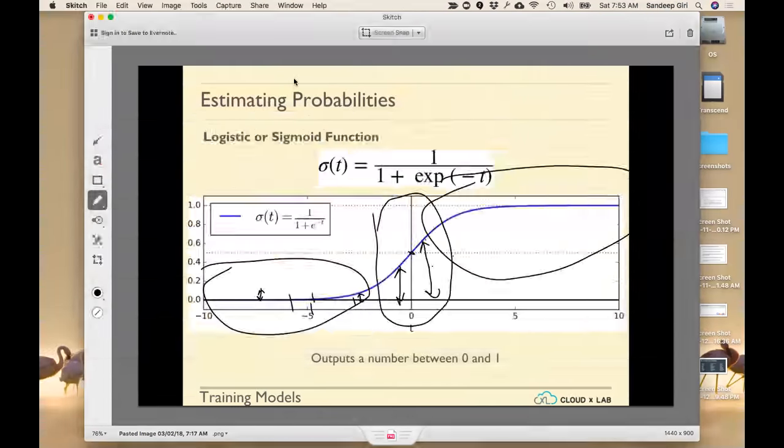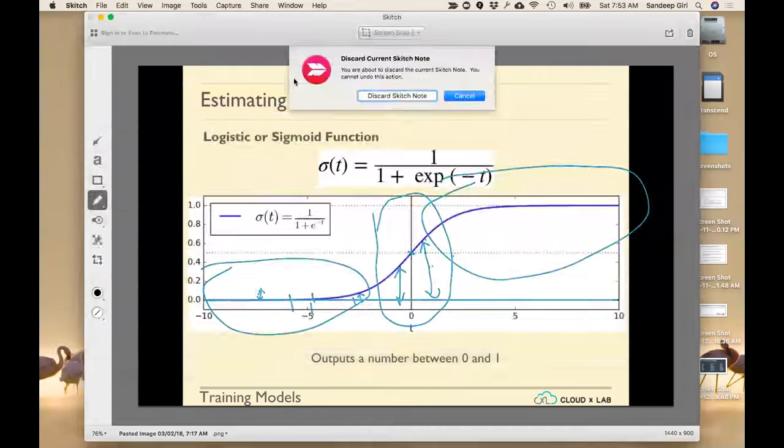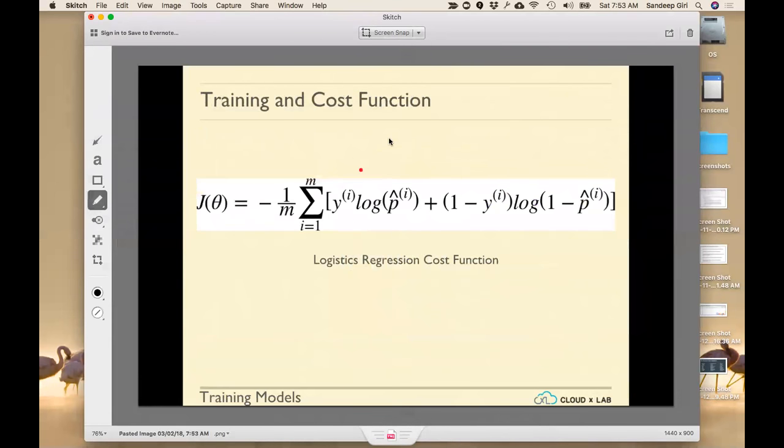So let me just try to demonstrate that. If you take a look at this portion, what is this? This is basically the cost, the overall cost. So how are we computing the cost?